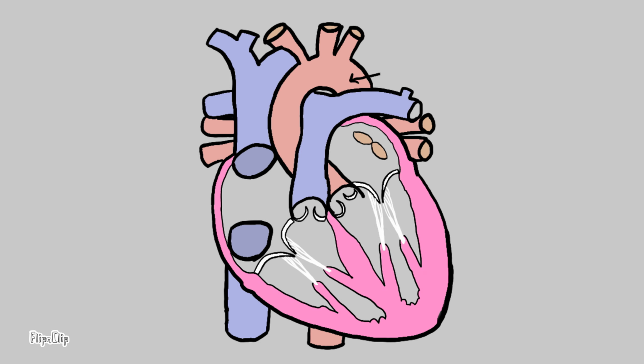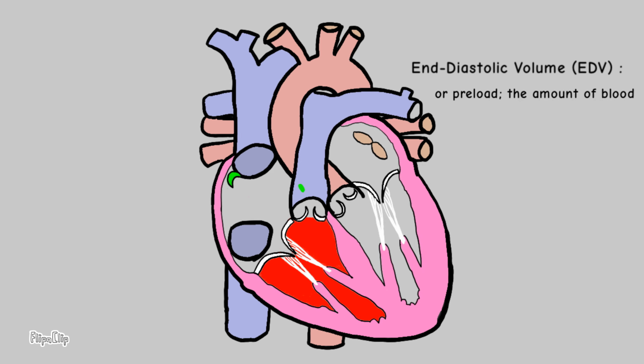So now, we're going to start seeing blood passively filling our atria, and we're going to see the action potential of the SA node cause that contraction and that rise in pressure, filling our right ventricle and giving us our end diastolic volume, or EDV, also termed preload.